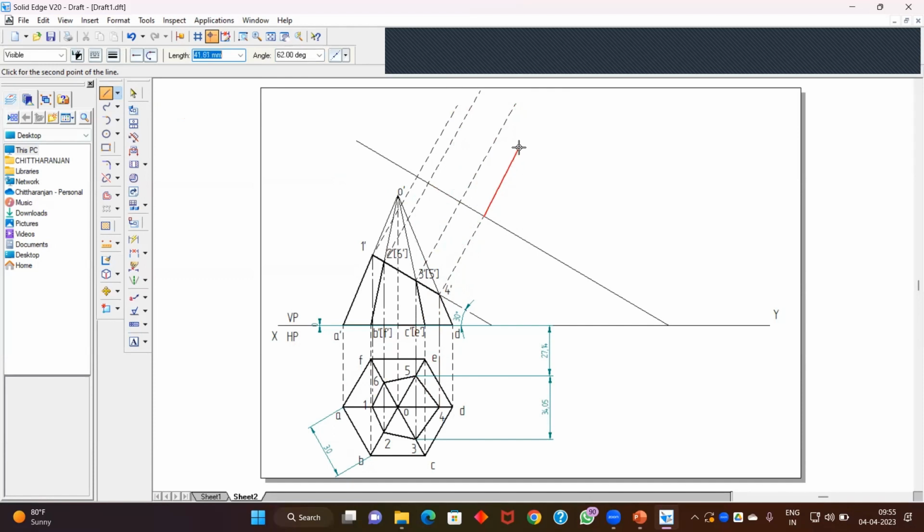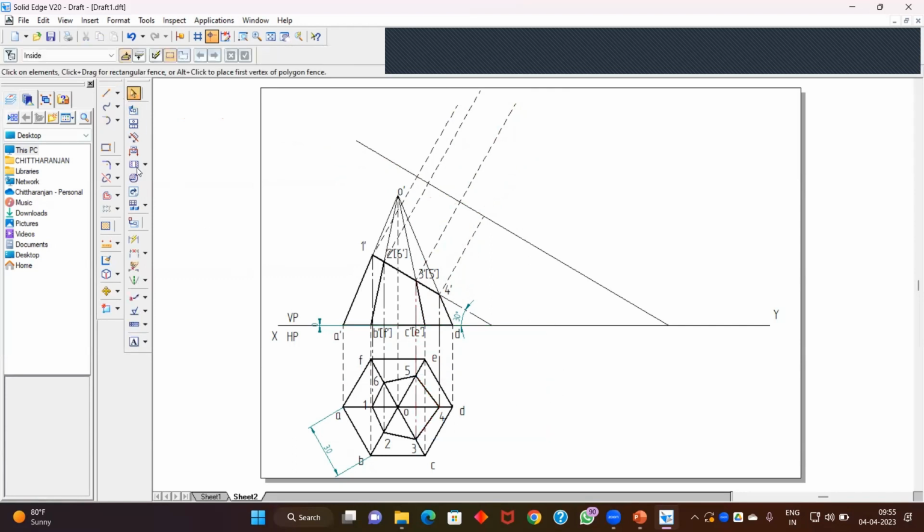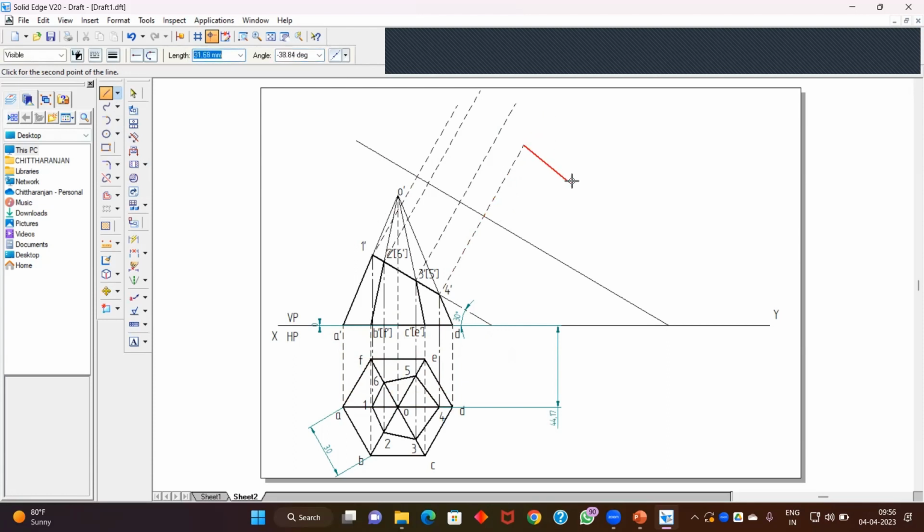So it is 44.17 with 60 degree. So now we got the lines and points.